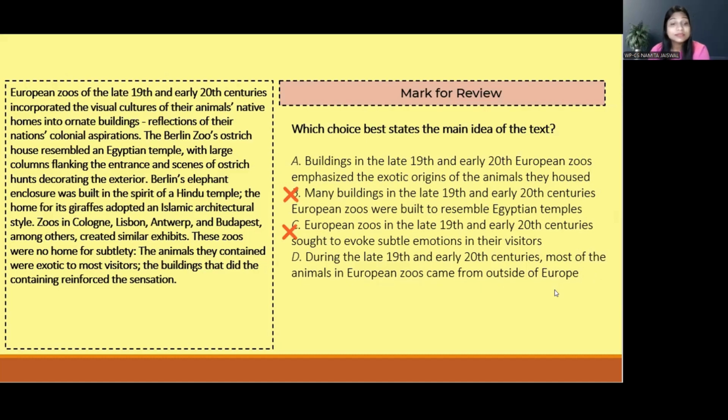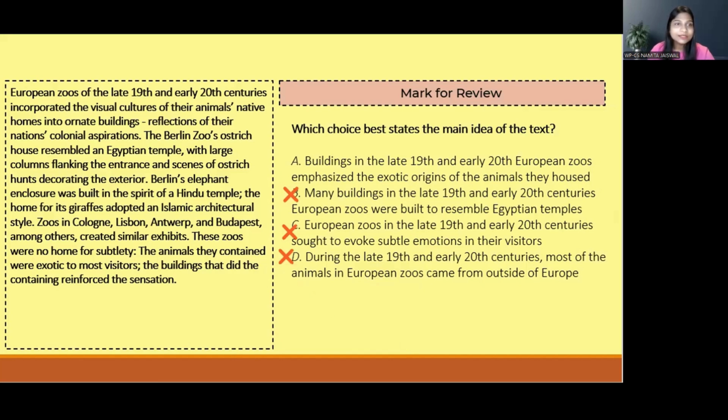Although the passage implies that many animals came from outside Europe, the main focus is on how their enclosures were designed, not the origins of the animals themselves, right? So again, this is my incorrect choice.